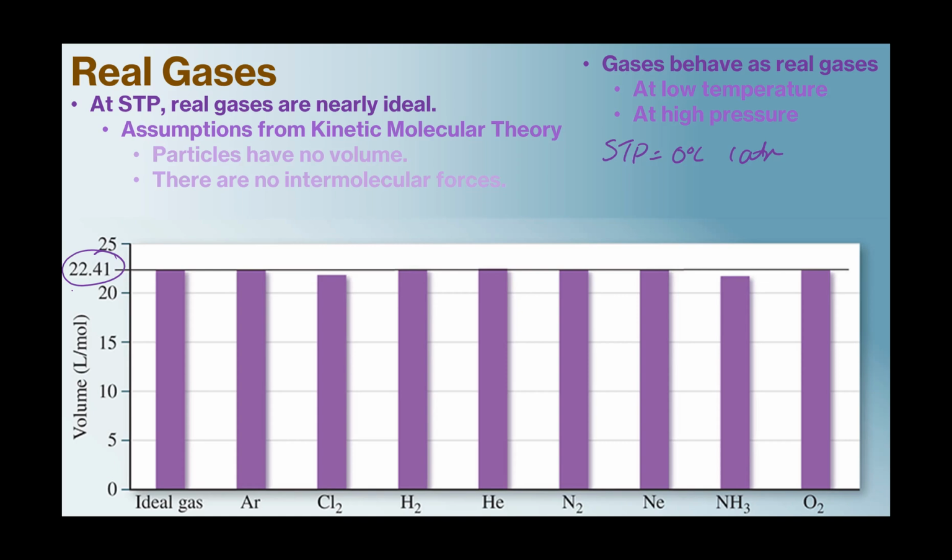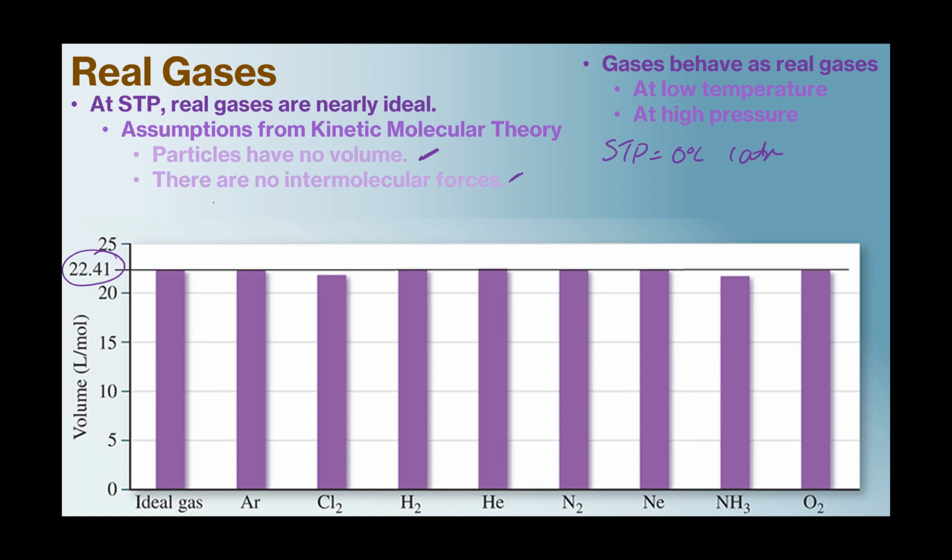We are assuming two things. First, that the particles have no volume, which is another way of thinking about that the particle volume is very, very small compared to the size of the container. The other thing is that there are no intermolecular forces, so the molecules don't interact when they collide.